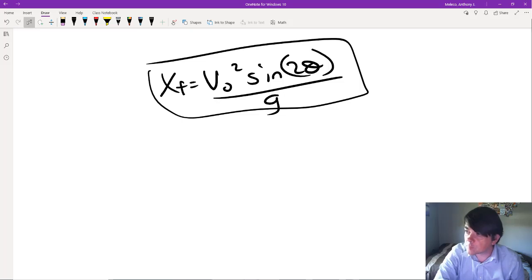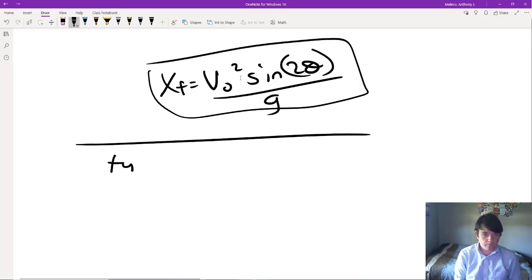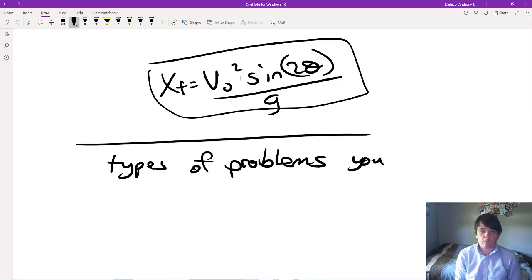Okay, so now that I've derived all the equations, we need to look at the types of problems. There are 3 types of problems you will see in 2D kinematics.